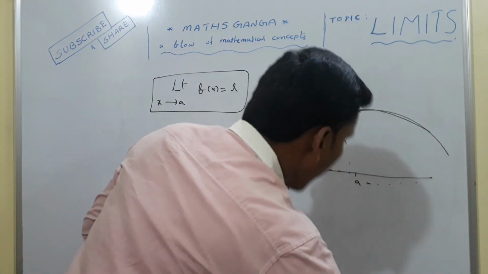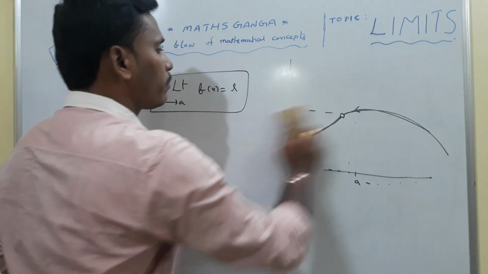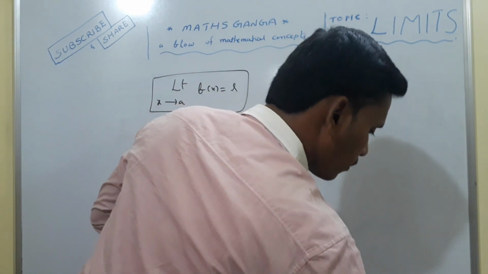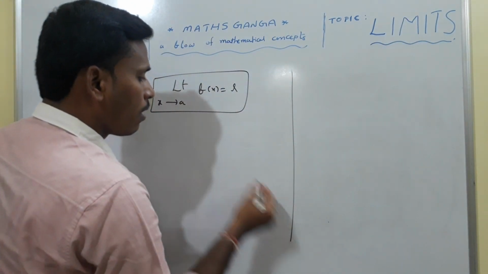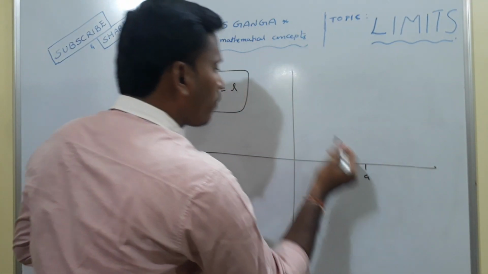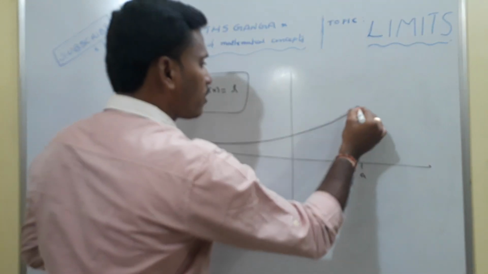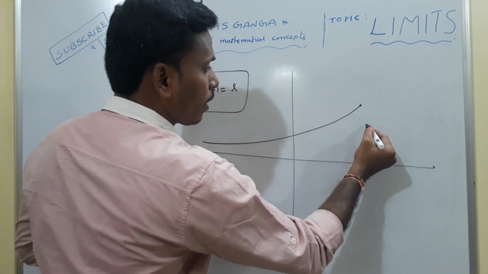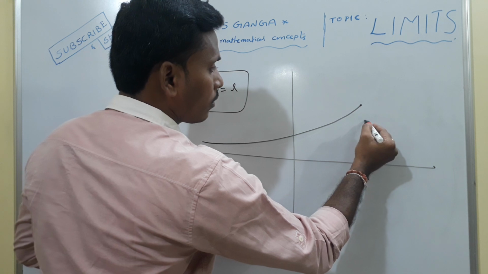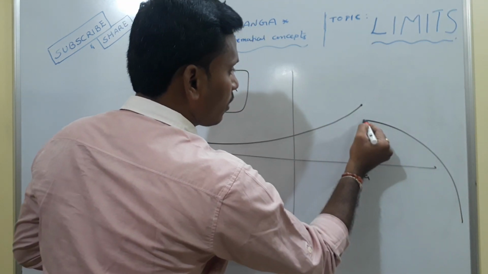And I will give you another idea. Suppose this is A, and the function is like this, and again the function is like this.